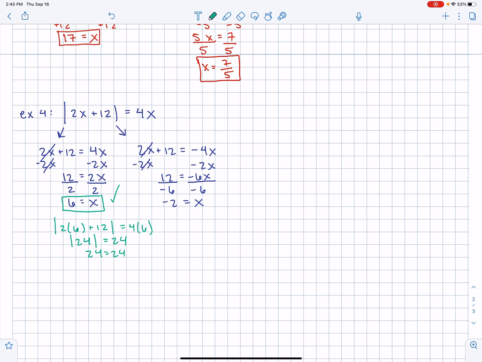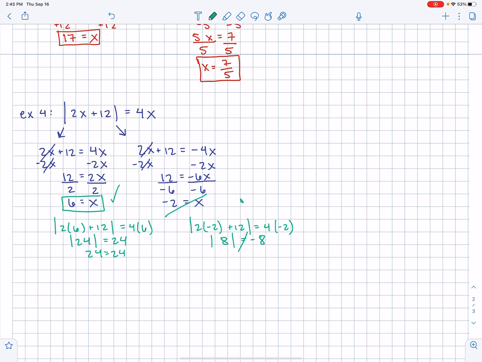Now, checking our negative 2, we have 2 times negative 2 plus 12 is equal to 4 times negative 2. And you might see the problem already: we have negative 4 plus 12, that's 8. The absolute value of 8 is not equal to negative 8, so this does not work.